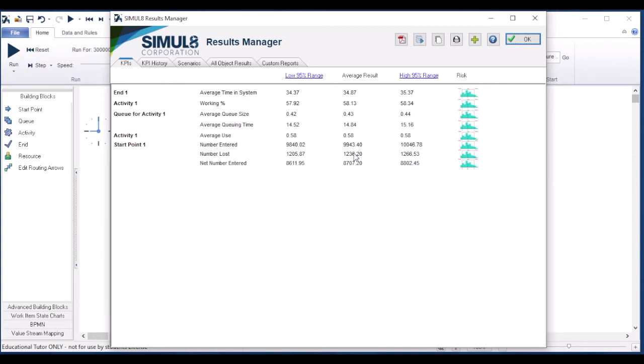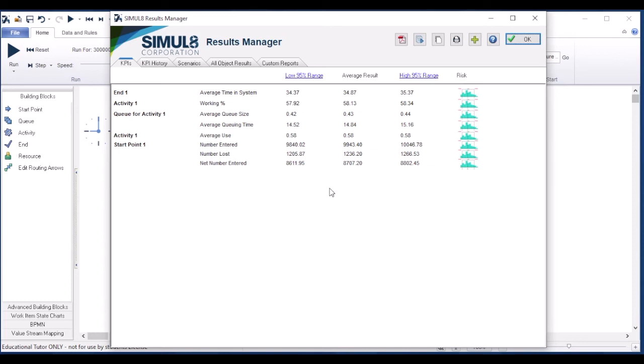For instance, if I want to know the percentage of arrivals lost, it's going to be equal to 1236.2, which is the average number of customers lost, divided by the one on top, the total number of entries, 9943.40. Do the calculation, and it gives you 12.4%. The theoretical answer for the percentage of arrivals lost is 12.3%. It's very close to the theoretical answer.